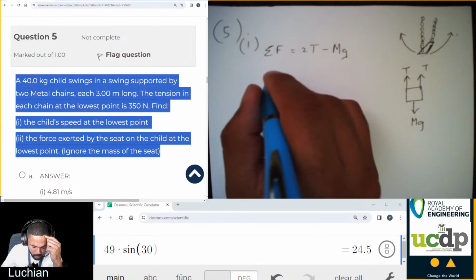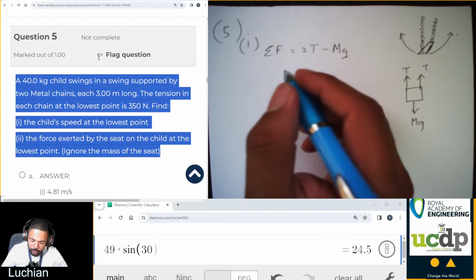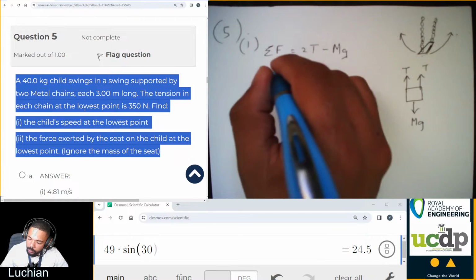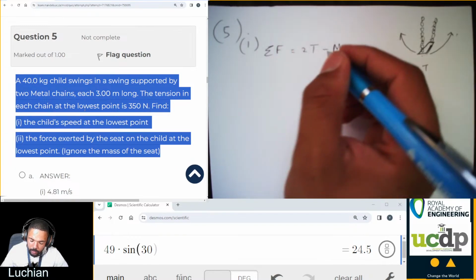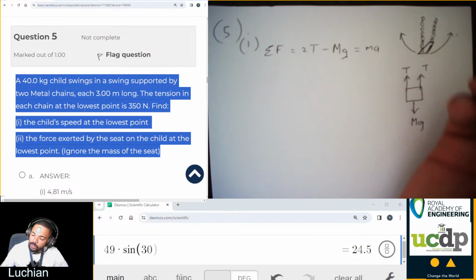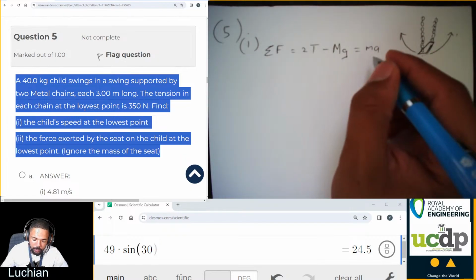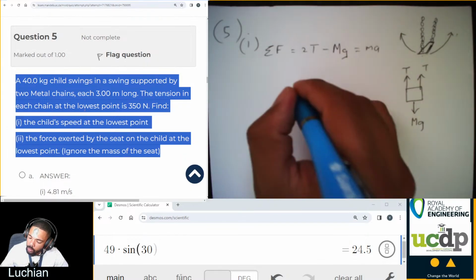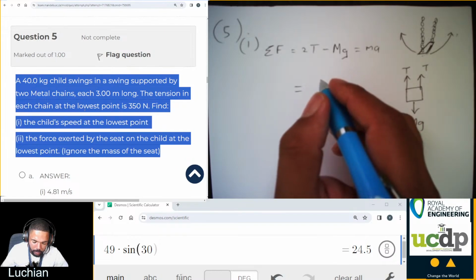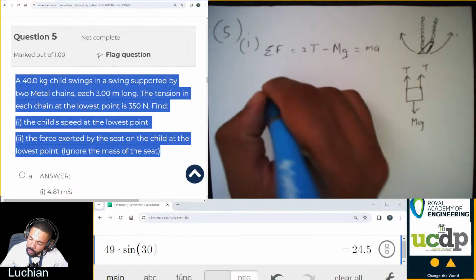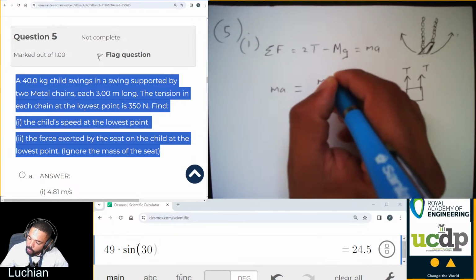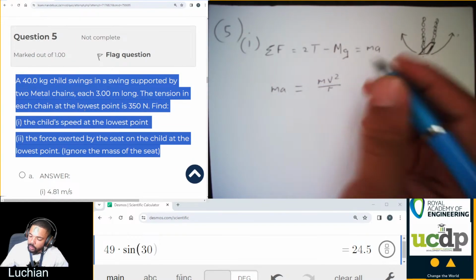And that is equal to the mass times its acceleration, and that is what we want. Now we also know that mass times acceleration is equal to mv squared over r.